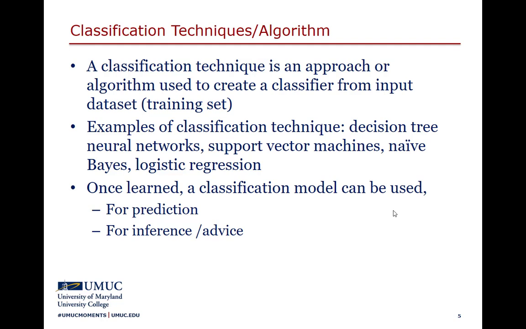Another is the neural network, and a newer application of it is called deep learning. Support vector machine is another one. All three can also be used for regression applications, where the outcome or target variable is a continuous variable.